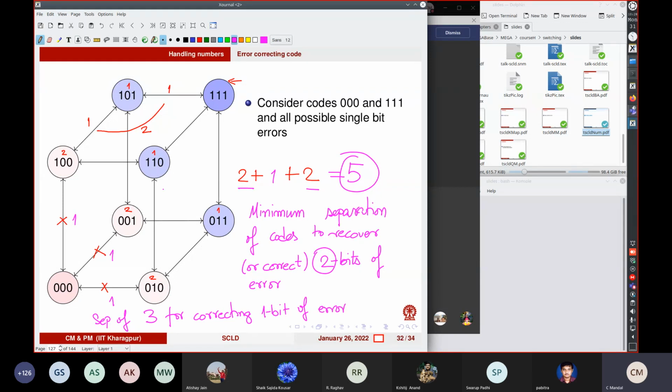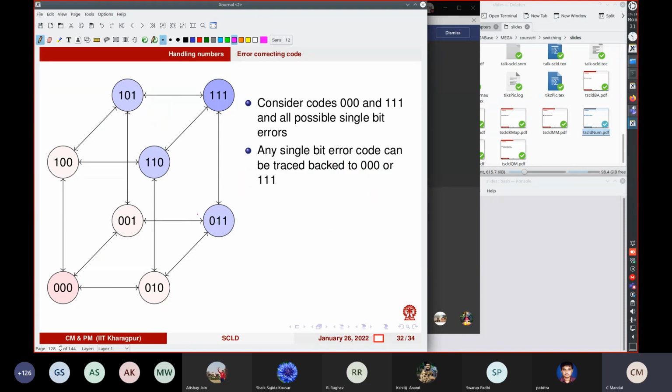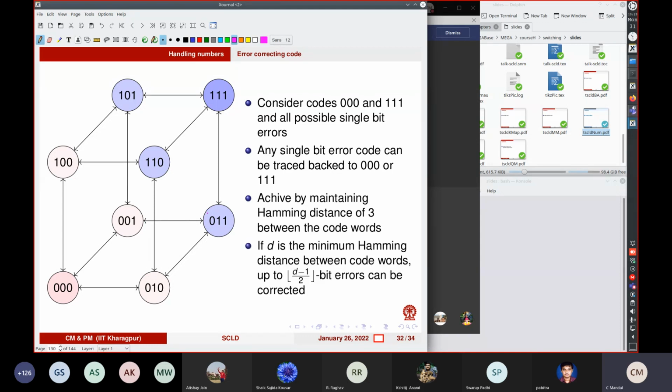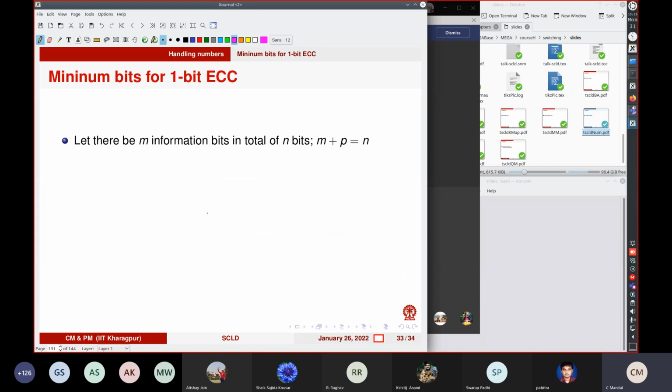That is shown in this diagram. All right. So in case of Hamming distance, yeah, this is what we just saw. All right. So this is the minimum bits for.